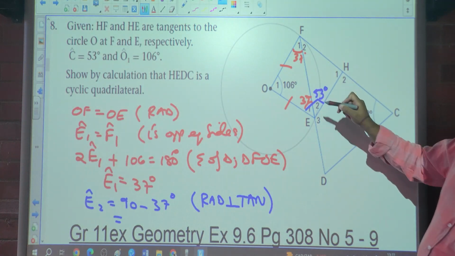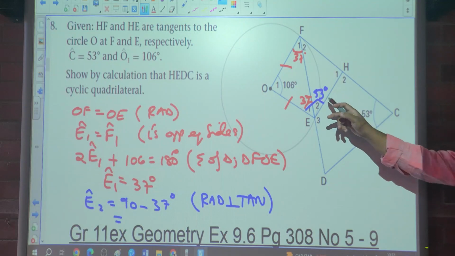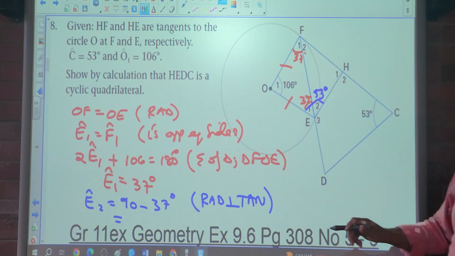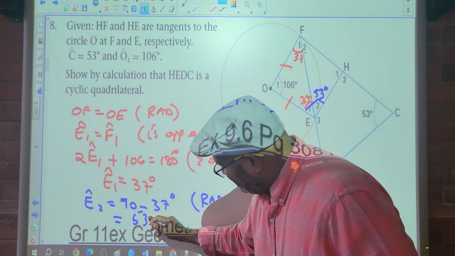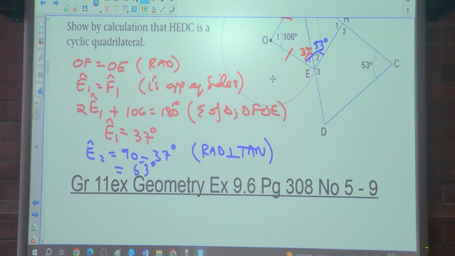So this one is equal to that. So now what do we say?